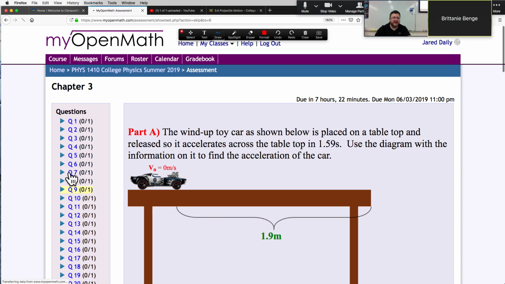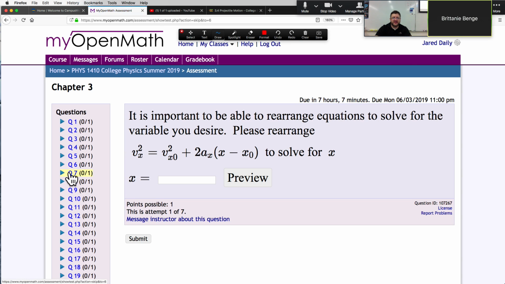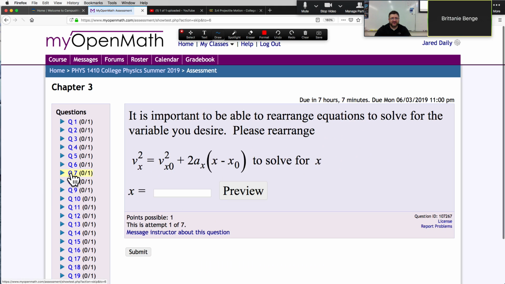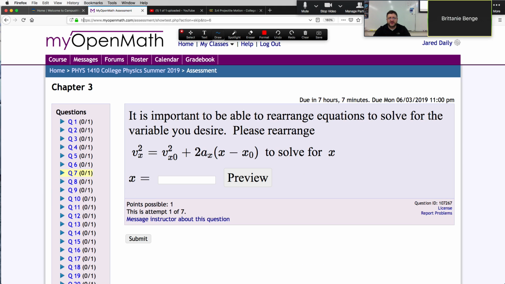Number 7 is rearranging this equation. Baseball thrown. Okay, let's do 7 really quick. Which one does it ask you to solve for? Does it ask you to solve for x, or do you remember?